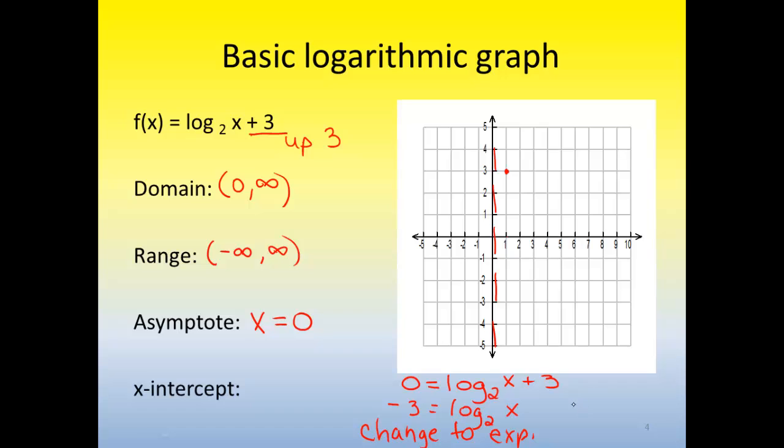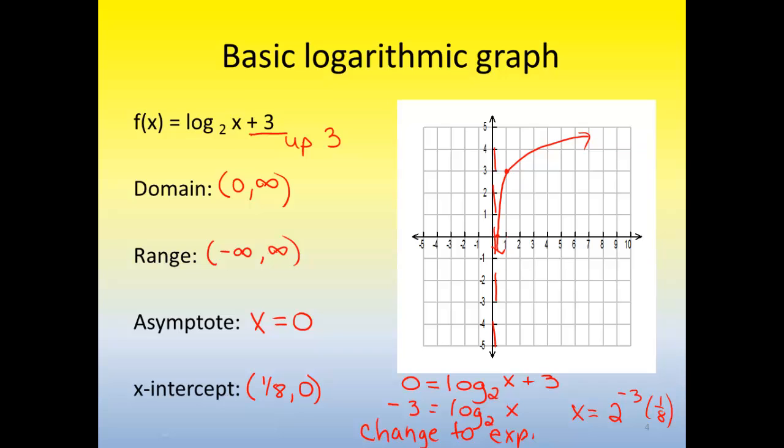And so the exponent version becomes 2 to the negative 3 power, which happens to be 1 over 8. And so my x-intercept is 1 over 8, comma, 0. Really close to that y-axis. And so my graph will do something like that.